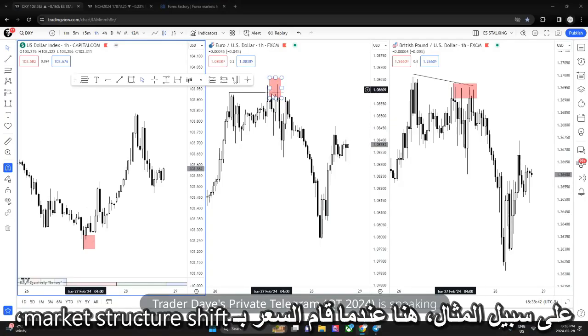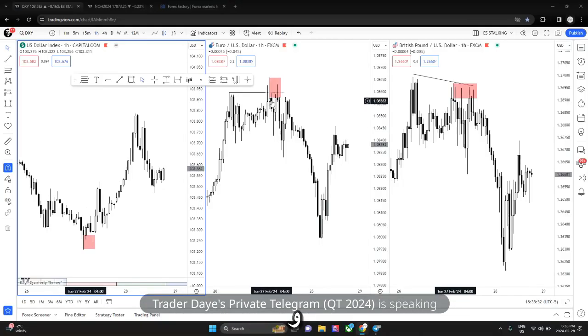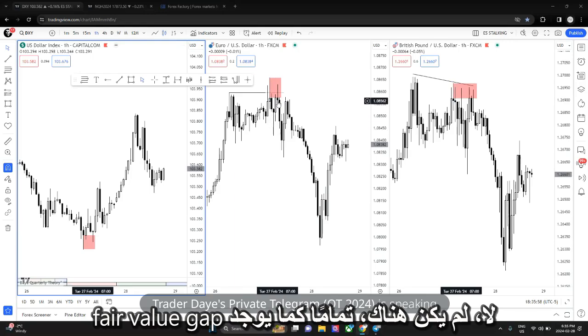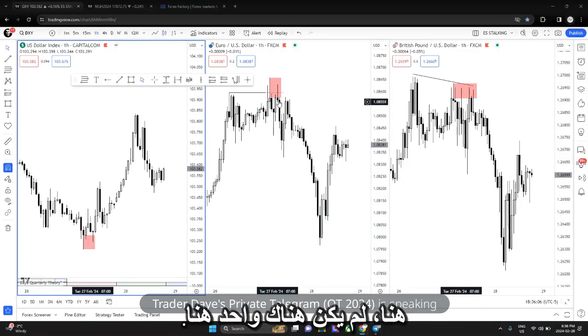So for example, right here, when price shifted market structure, look at this, right? When price shifted market structure here, and price did not leave a gap right here. Just as though there's a fair value gap here, you can see my mouse, right? There's a fair value gap here. There was not one here.